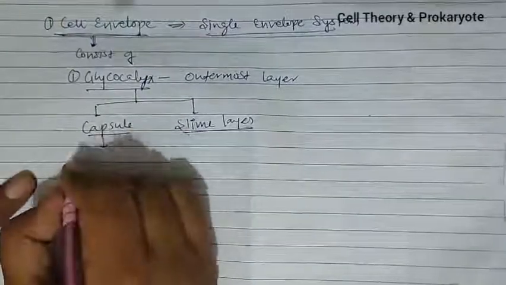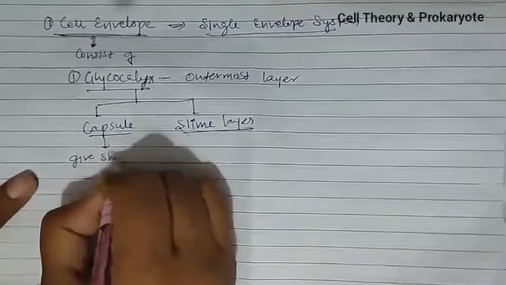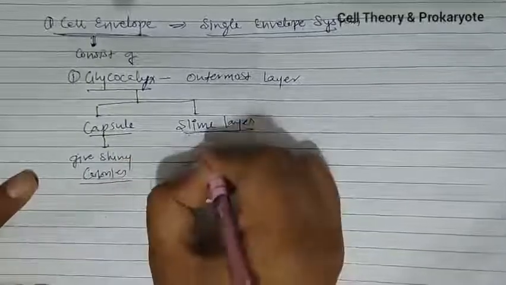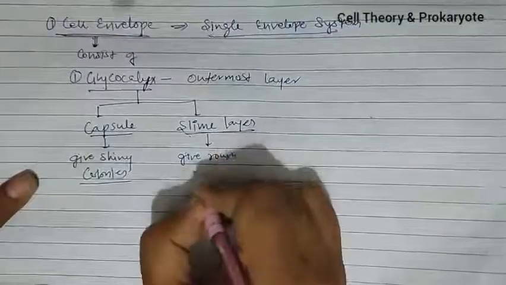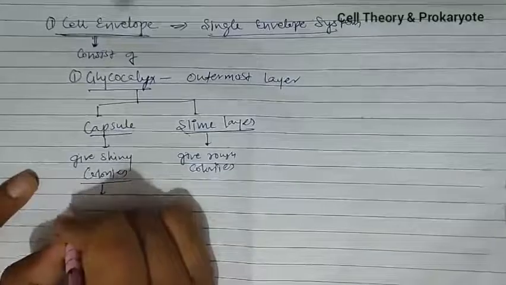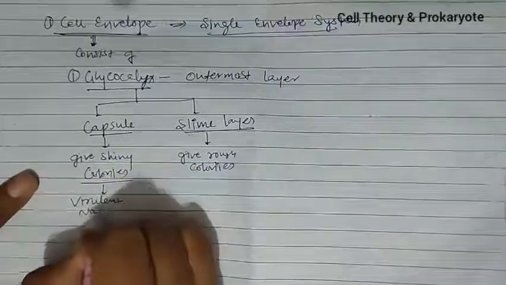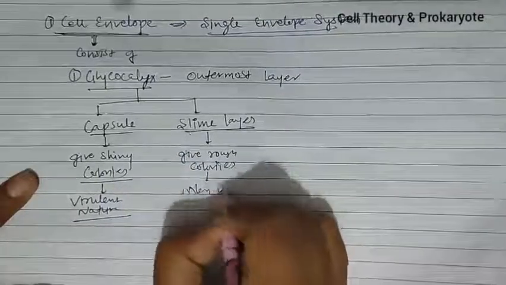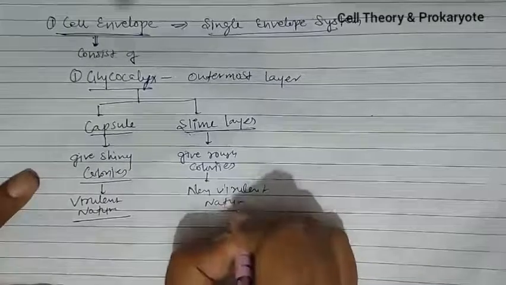Capsule gives shiny colonies, whereas slime layer gives rough colonies. Capsule has virulent nature and this has a non-virulent nature.